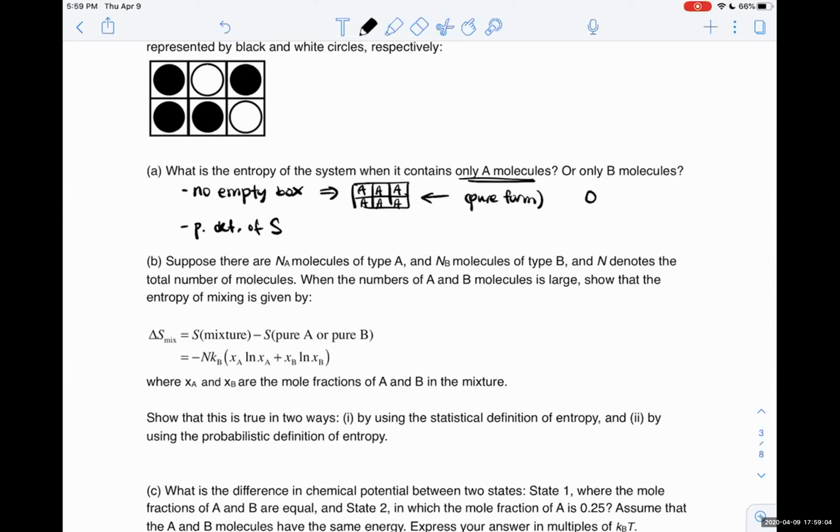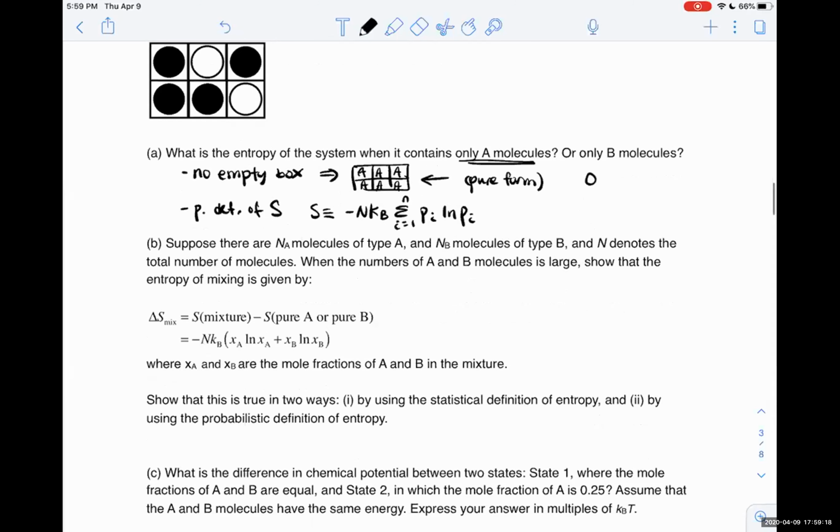According to this formula, it's defined to be minus N kB sum of i equals 1 to n of p_i ln p_i. Based on this formula, we know that p_i is 1, which means ln p_i will be 0, and that ultimately makes the entropy 0. So you can use just the intuition of how the system is in pure form and leads to 0 entropy, or you can use the definition.